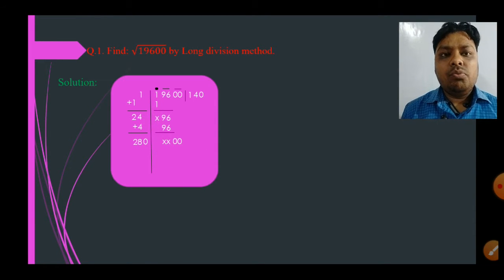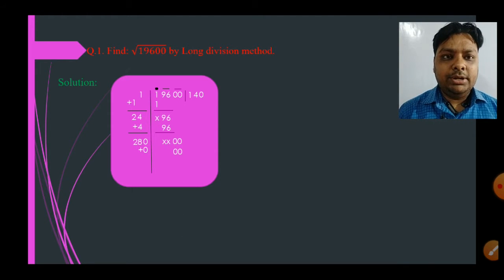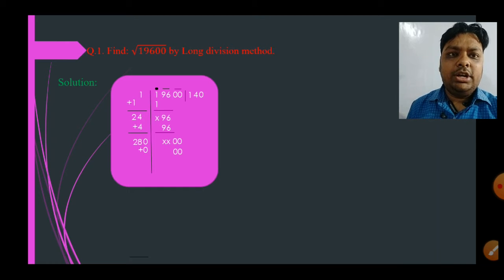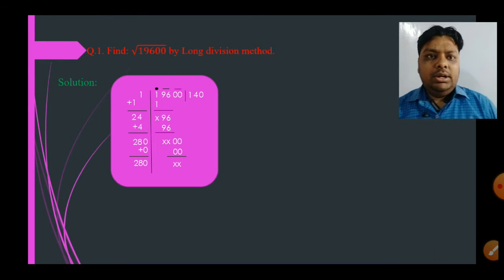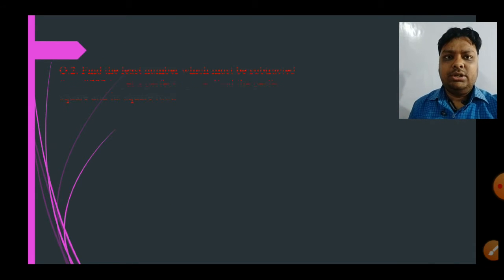Now to get 0 we multiply with 0, so we start with 0 also: 280 into 0 is 0. We add 0 three times, 2 in the divisor and 1 in the quotient, and we can add two more 0s below the third period. Now add 280 plus 0 to get 280, and 0 is cancelled out. It means we can say that the square root of 19,600 will be 140.